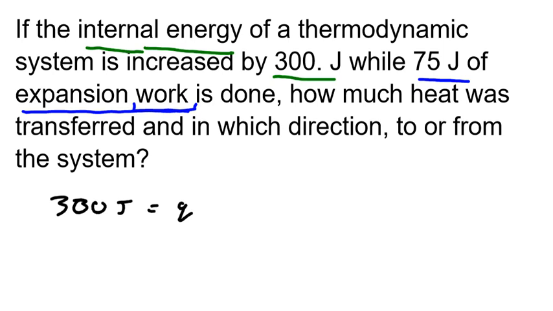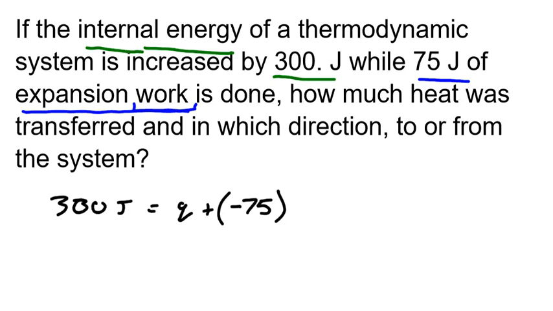the value of this heat and the direction, so whether the sign is positive or negative. We also know that this is performing 75 joules of expansion work, so this is going to be a negative 75 value because it is work performed by the system.